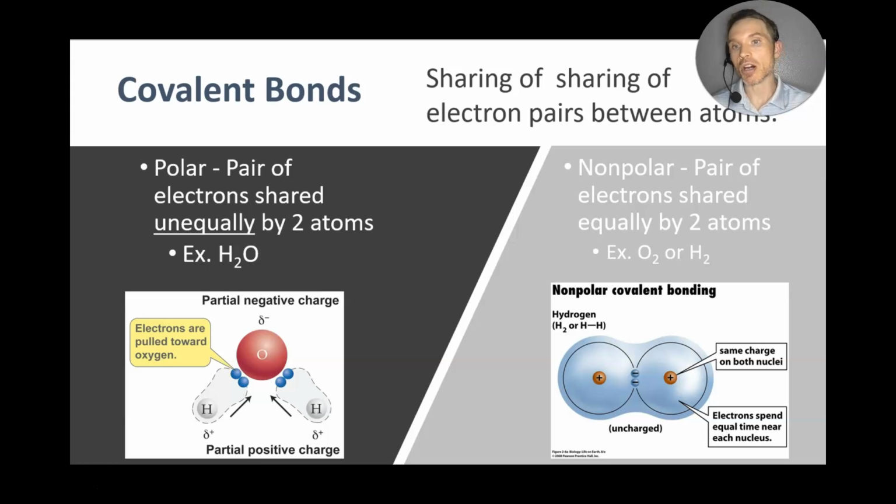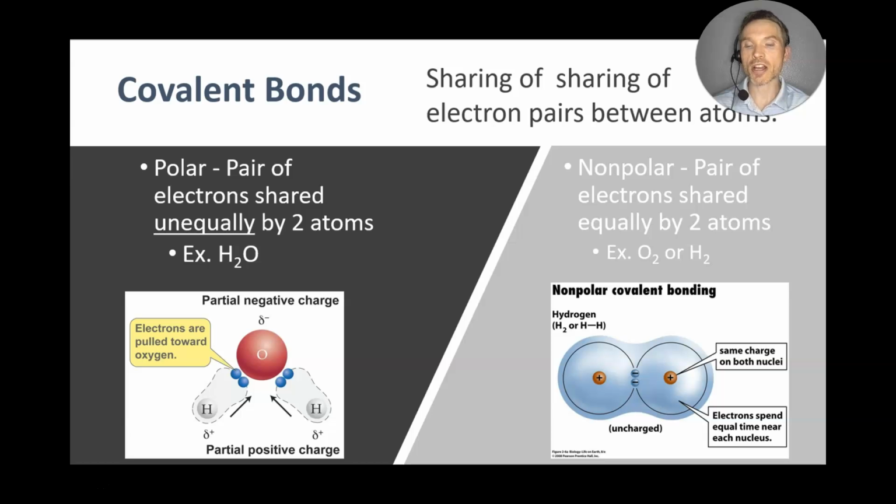Polar covalent bonds occur when the electrons are shared unequally. And that occurs in water because oxygen has a greater electronegative pull. And so even though oxygen and hydrogen share electrons, those electrons spend the majority of their time around the oxygen atom and don't spend very much time around hydrogen.